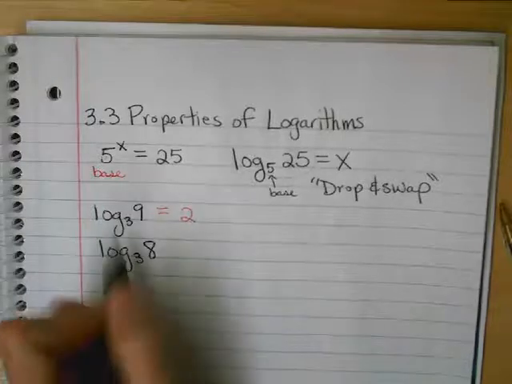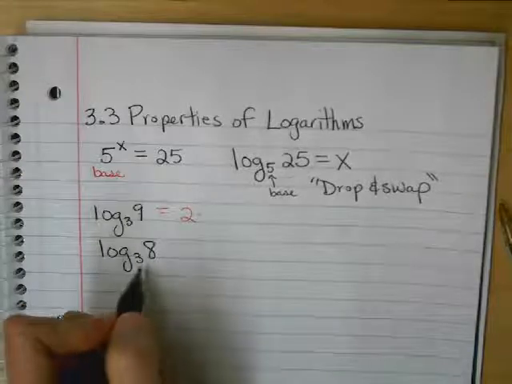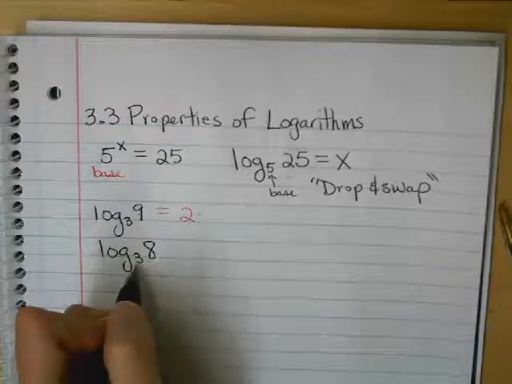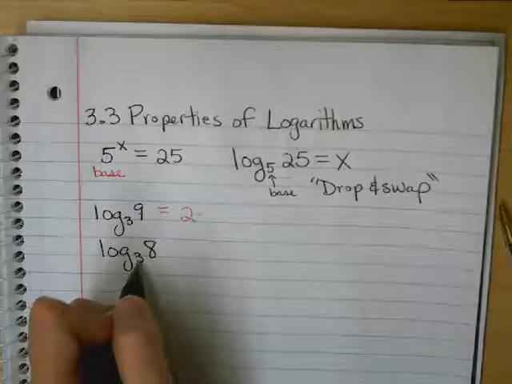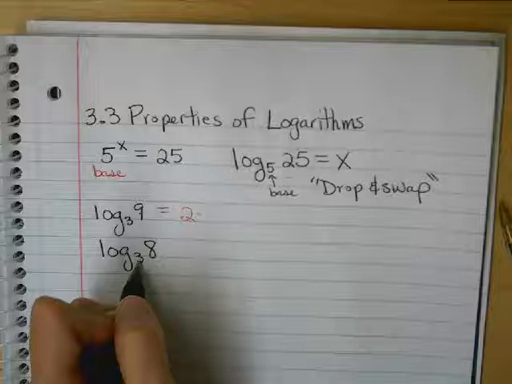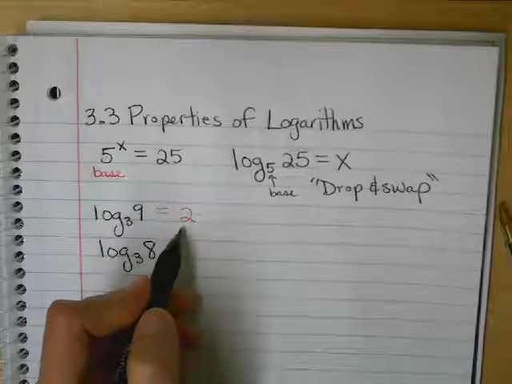But if you think about it, 3 to the second power gives you 9. We asked the same question to our Algebra 2 students, and you're thinking, 3 to what power gives me 8? That's weird. Is it going to be an answer bigger than 2 or smaller than 2?